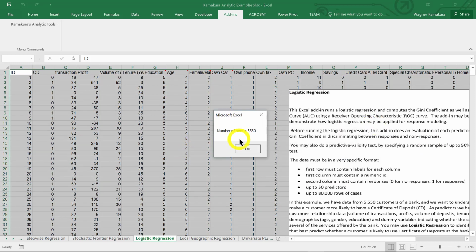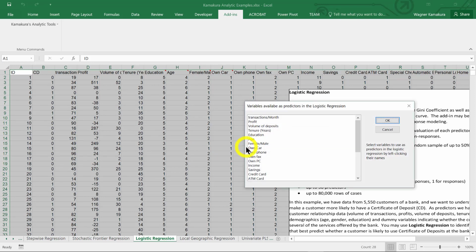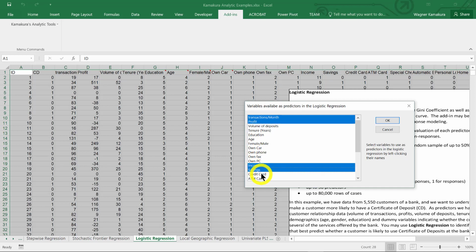We're reading 5,550 rows. We have these predictors available, and I'm going to run an analysis using transactions per month, profit, income, whether the customer has a savings account, credit card account, and ATM card. And we're trying to predict the likelihood of the customer having a certificate of deposit.